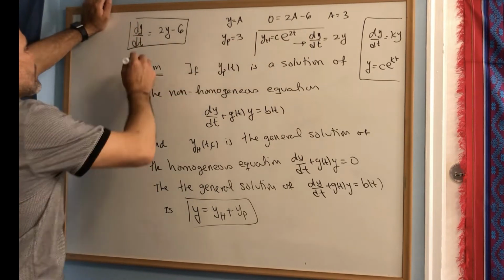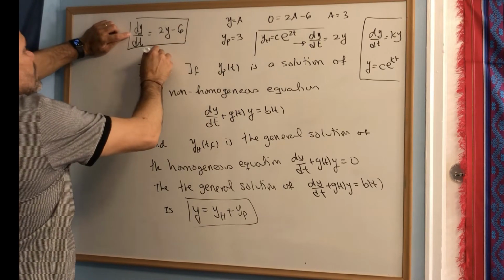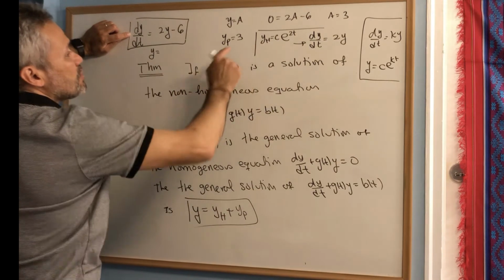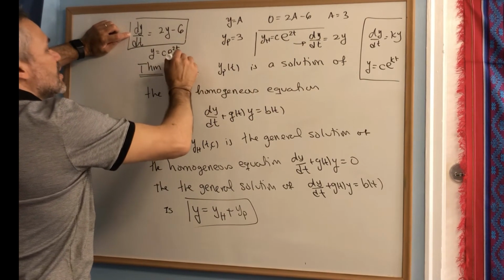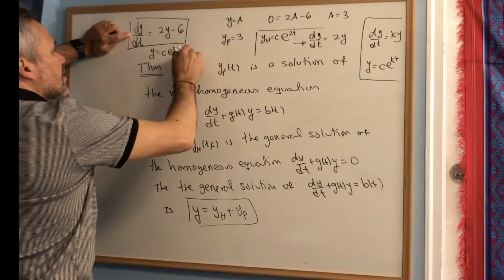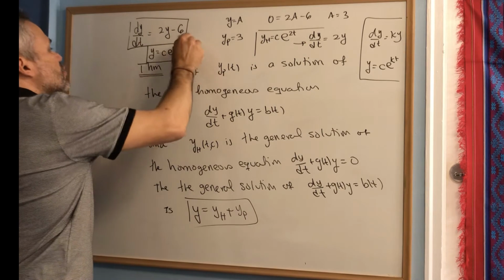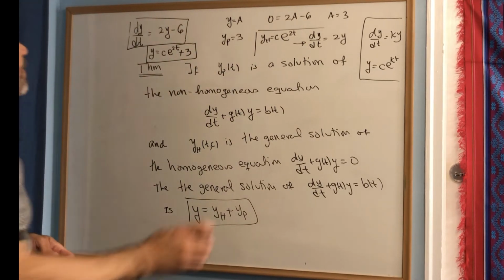And then what the theorem says is that the general solution of this differential equation is the general solution of the homogeneous, which is c e to the 2t, plus the particular solution, 3. Then this is the solution of that differential equation.